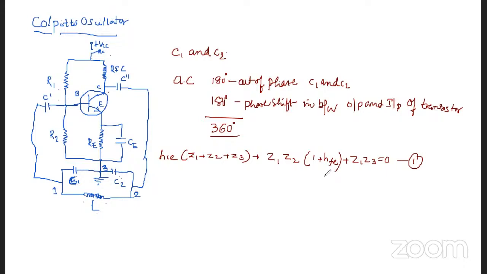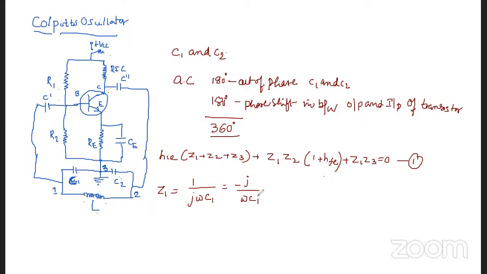Okay. So once we have this equation, we have to find the frequency of oscillations. By neglecting the inductor resistance, we can write the Z1 value. Z1 is equal to, in the case of the capacitor, 1 by j omega C1, which can also be written as minus j by omega C1.